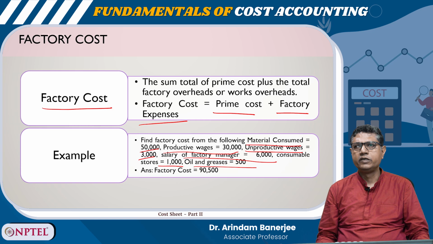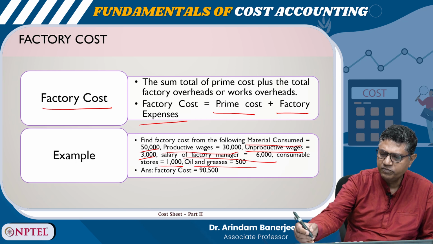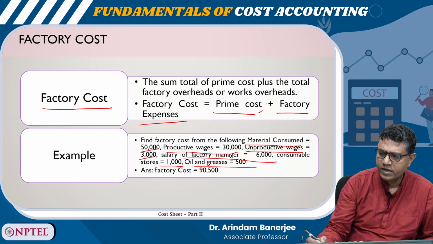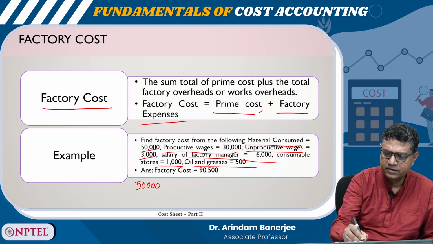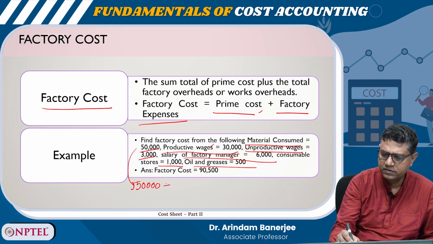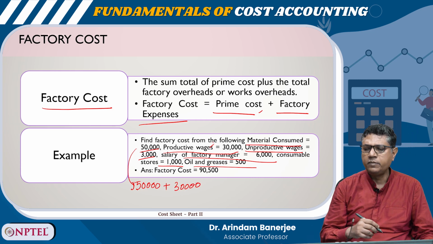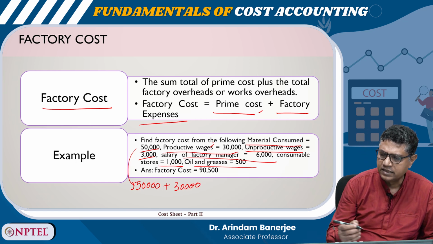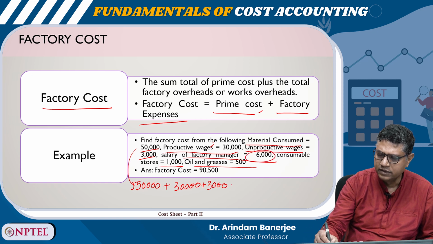Now here you see, if I add the prime cost, right? So, factory cost is what? The prime cost, right? So, I can add prime cost, meaning 50,000, which is direct material, plus productive wages, direct labor, 30,000, right? Now, some unproductive wages are there, which is 3,000, plus the salary of factory manager, this is an overhead.